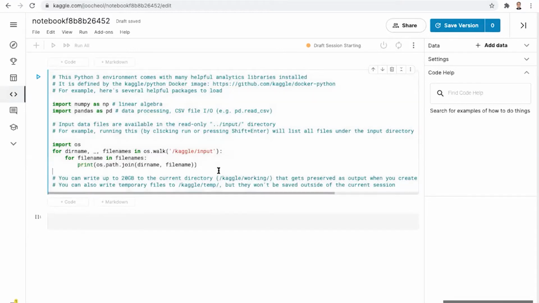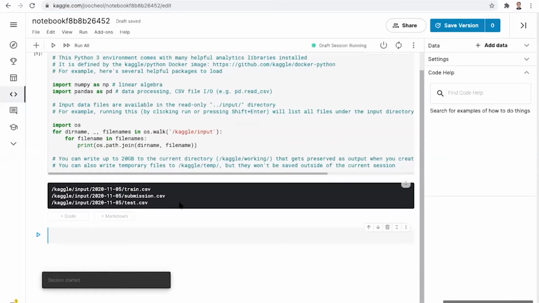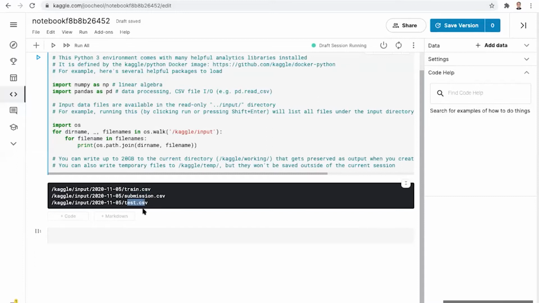So this is competition 2. When I run the first cell, I can see 3 different files.